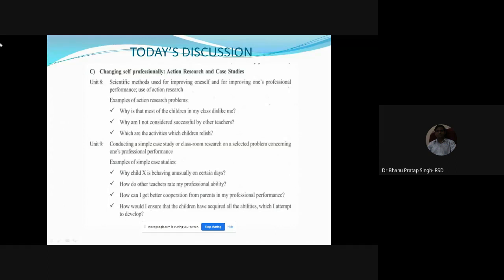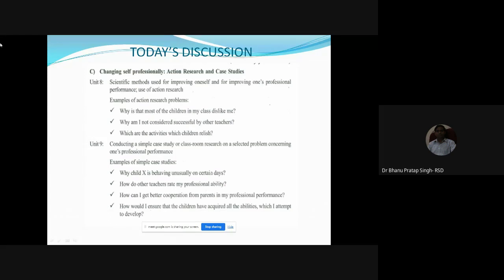If we see the C part, that C part is related to action research and case studies, what we teachers have to do on many occasions, in many situations. So Unit 8, scientific method used for improving oneself and for improving one's professional performance, means use of action research.